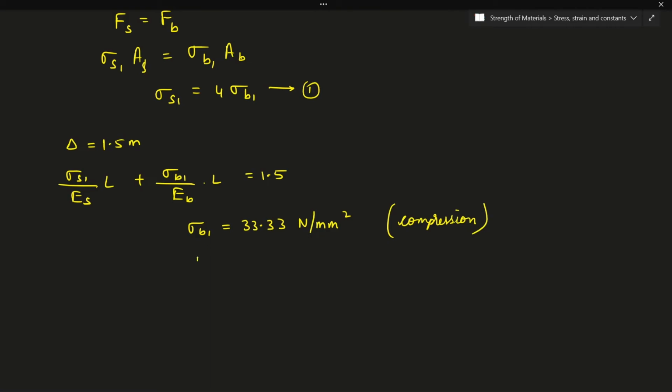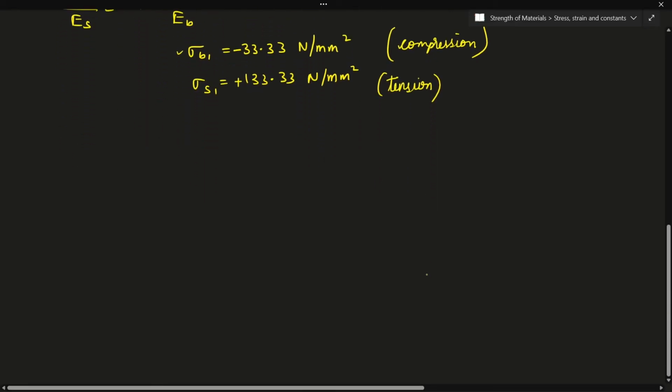The bolt, which is made of steel, will be in tension. So if I substitute the sigma B1 value in equation number 1, I'm going to end up with sigma S1 as 133.33 Newton per mm square. So I'll use the signs here, minus and plus. So this is in tension.